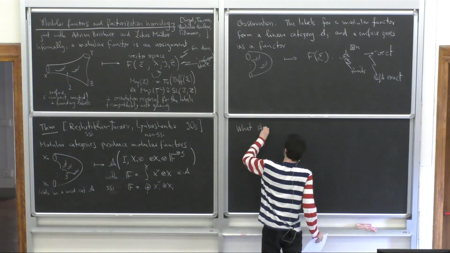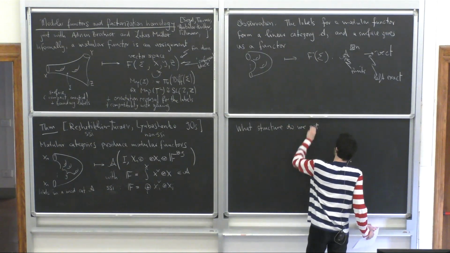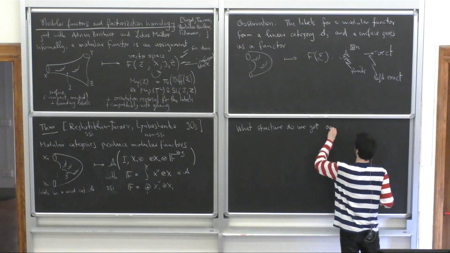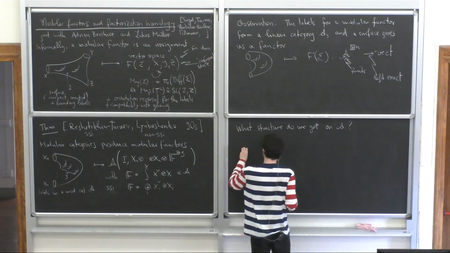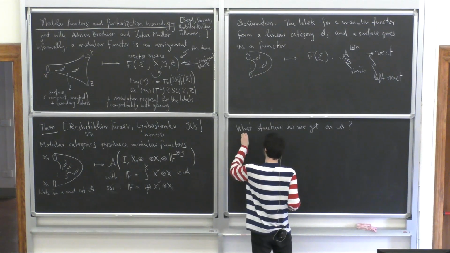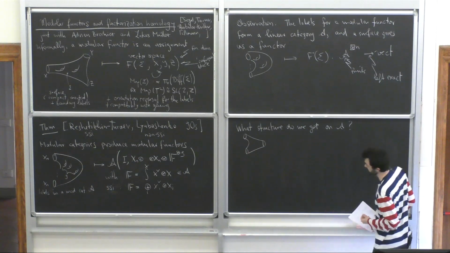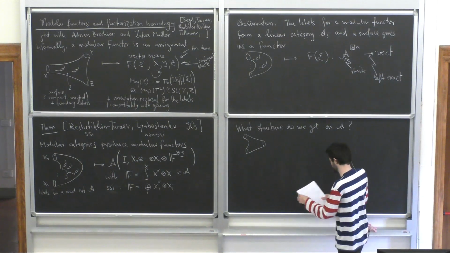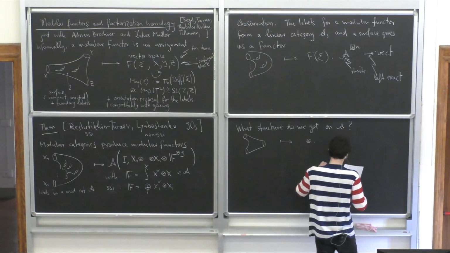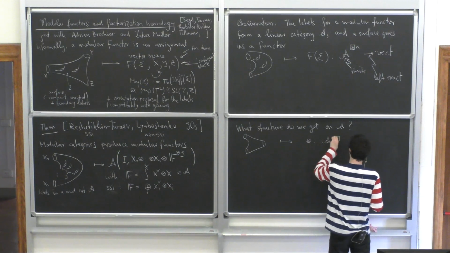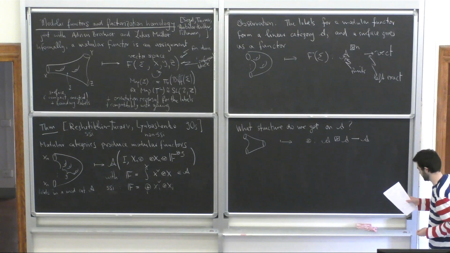What structure do we get on A? So we have this surface, the pair of pants, and now I draw this with one outgoing boundary, just so that you can think of this really as a product. This is going to be sent to a functor like this, if I move one of the A's to this side.